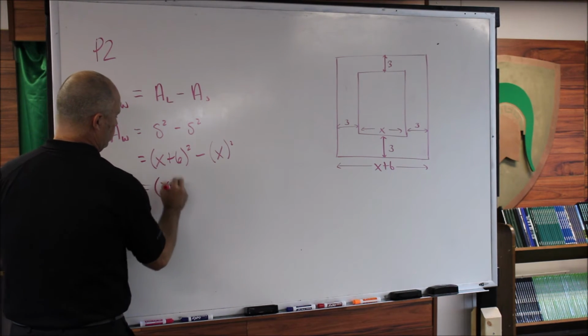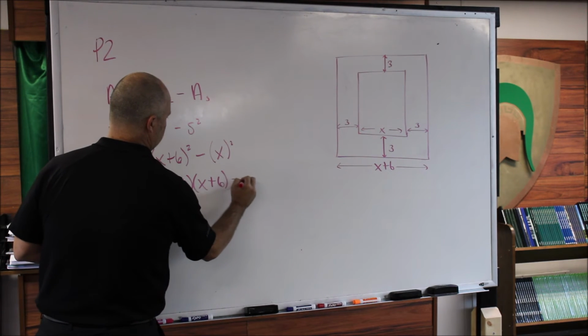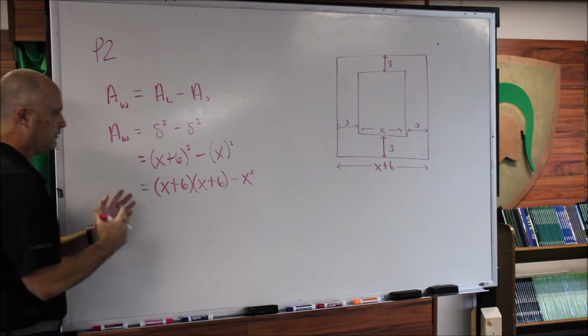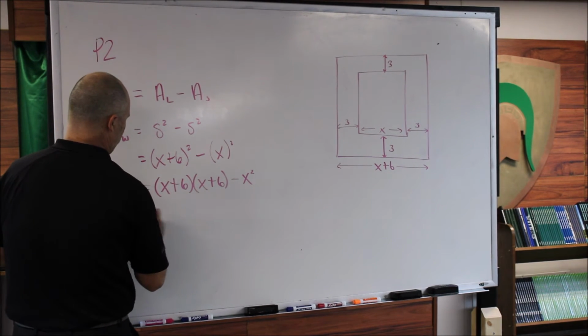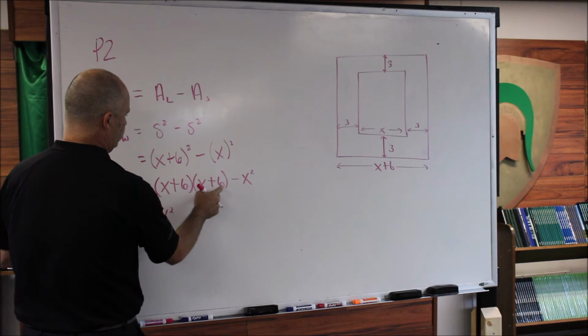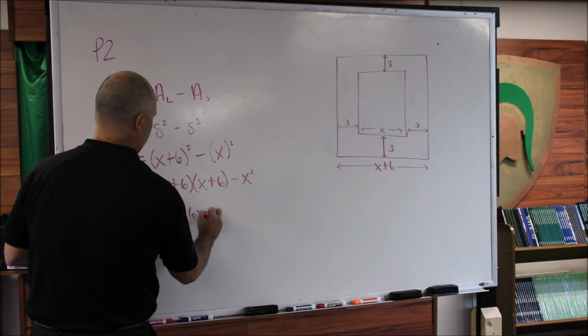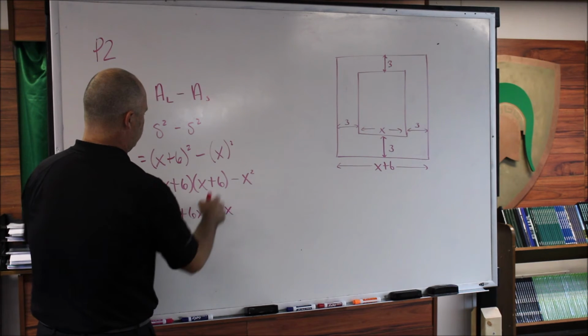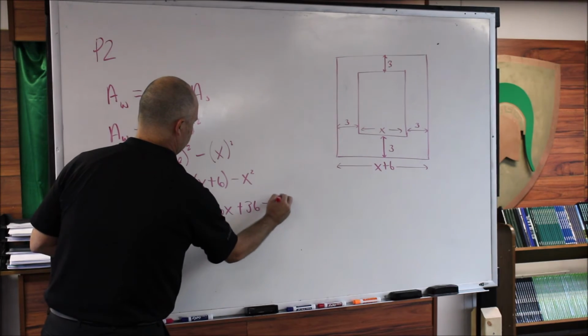So x plus 6 times x plus 6. I'm just going to rewrite this so that it'll be a little bit easier to see. X times x is x squared. X times 6 is 6x. 6 times x is 6x. And then 6 times 6 is 36. Don't forget to bring down the minus x squared.